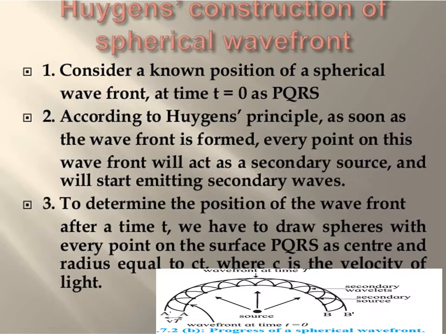So to determine the position of the wavefront after time t, we have to draw a sphere with every point on the surface PQRS as the center and radius equal to ct, where c is the velocity of light. Here c and v both have the same meaning.